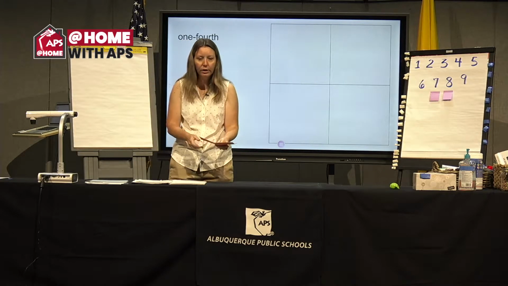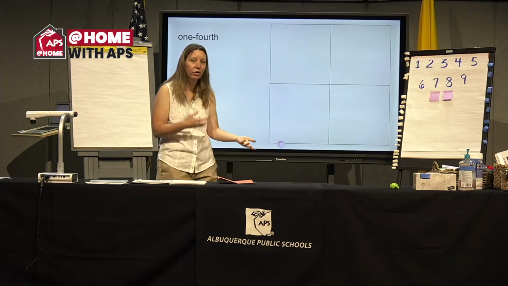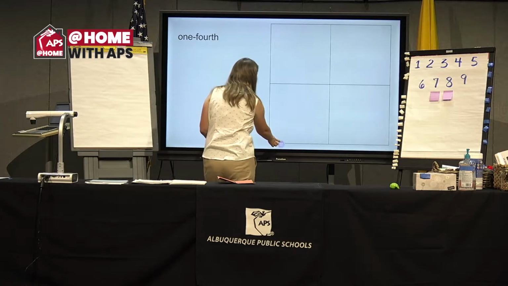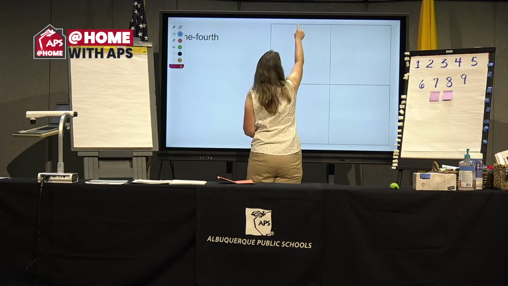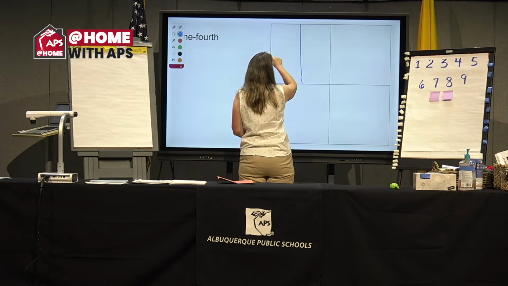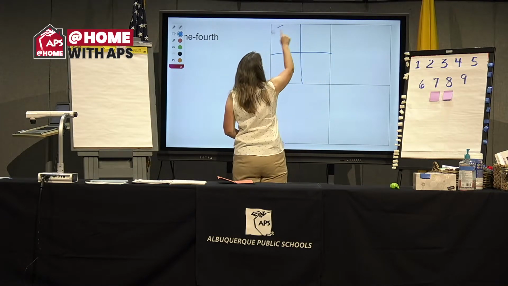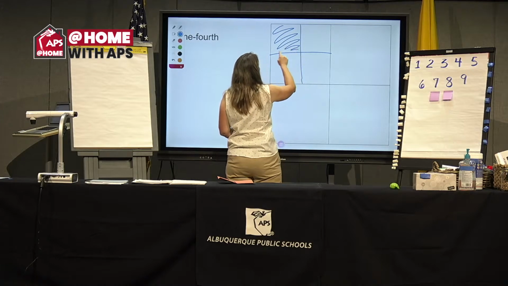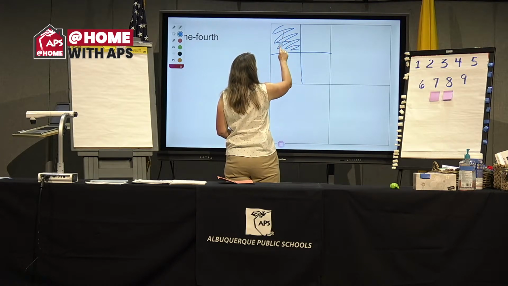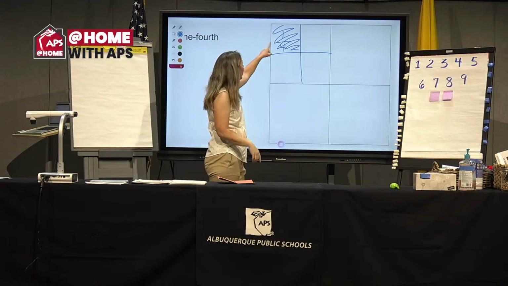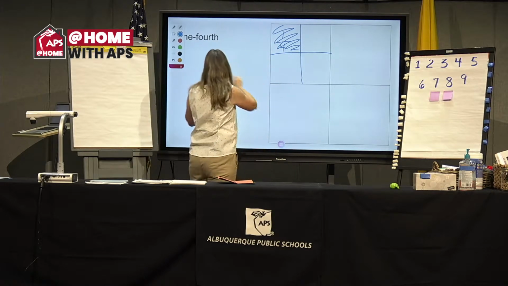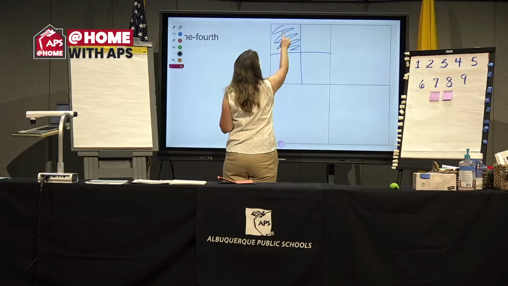But what I'd like you to think of is, what other ways could you and I make 4ths? So I said we cut it in half, and then we cut it in half again. That will give us a 4th right here, right? 1/4, there's 1 piece. Remember, we've talked about this, 1 piece out of 4 pieces. Probably should do it a little darker, so you can see that.